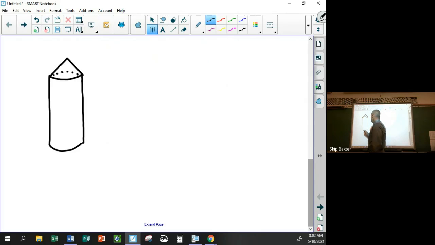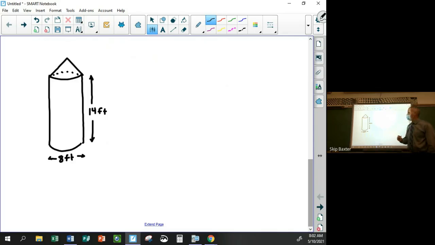Suppose I knew that it was 8 feet across, and this cylindrical part is 14 feet tall. And let's suppose the cone part at the top was 5 feet tall.